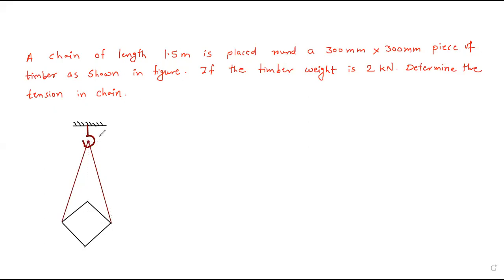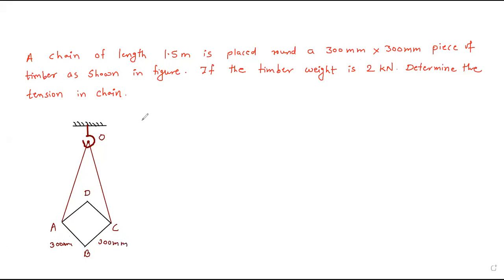Now let us say this point is point O. Here it is A, B, C, and D. You can see that the dimension of this is 300 mm by 300 mm. This dimension is 300 mm and this dimension is also 300 mm.